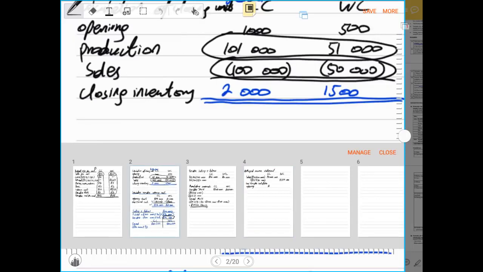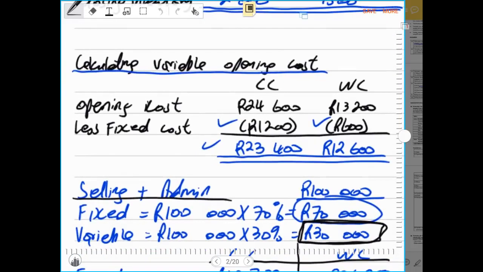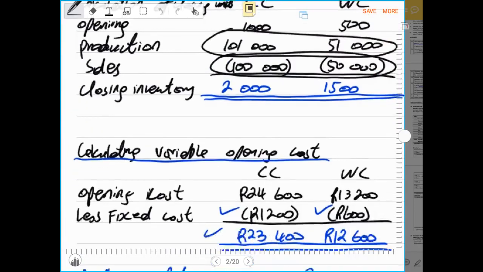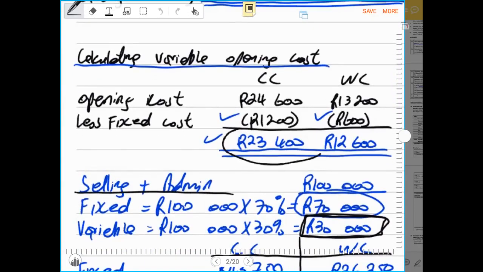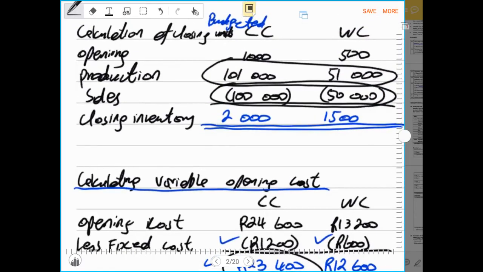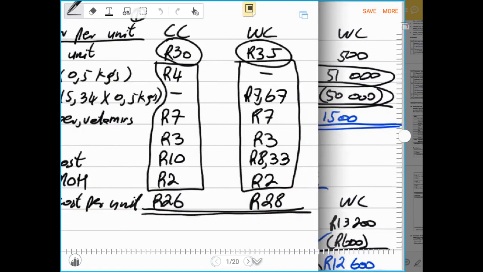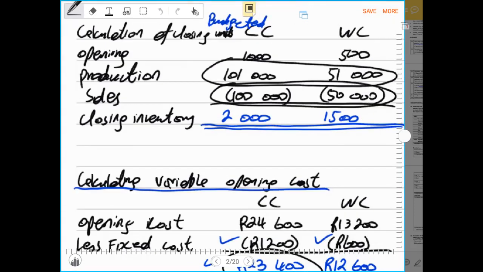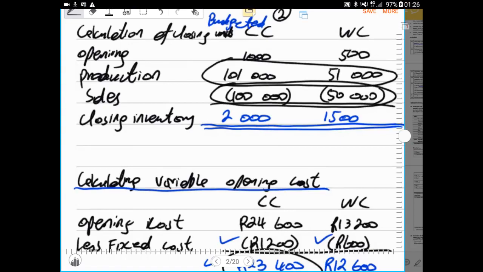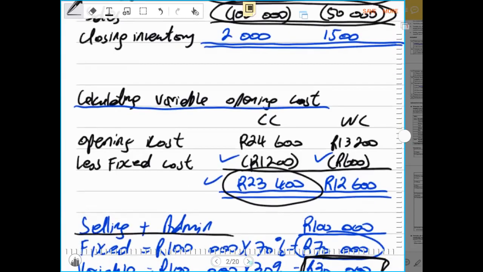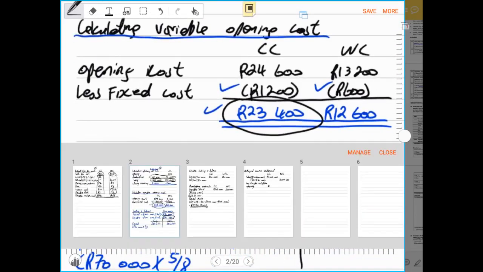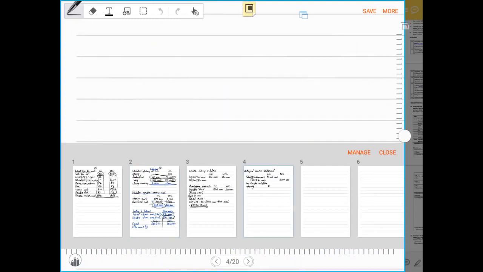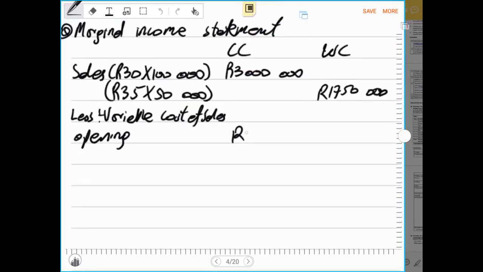If you still remember, we had restated the opening inventory or the opening cost, and we calculated that as 23,400 rands. Make sure that you show your workings, guys, throughout. And I think this will be my working 2 if this was working 1. So let me just do my working numbering now so that I can do the reference. Everything is under working 2. 23,400 is under working 2.